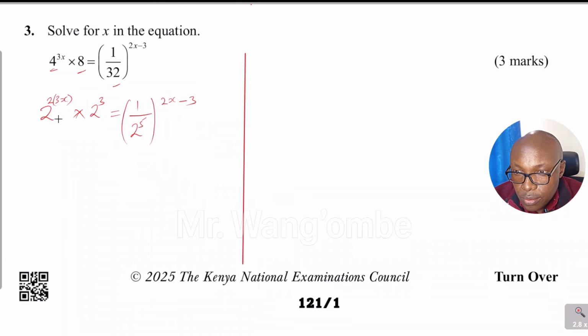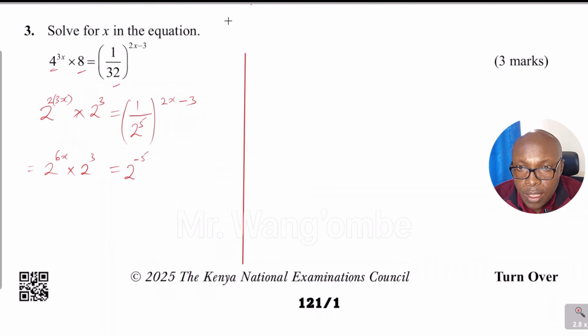So we can simplify these. So this will be 2 times 3x, that will be 6x, times 2 cubed is equals to. Now we need to be able to simplify the inverse. So 1 divided by 2 raised to power 5 can be written as 2 raised to power negative 5.